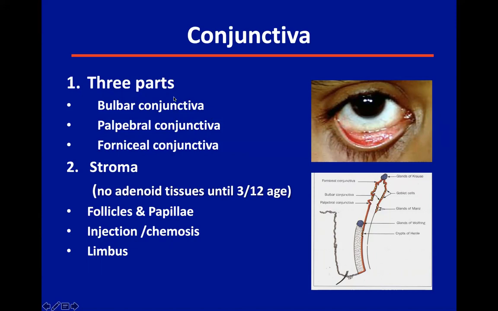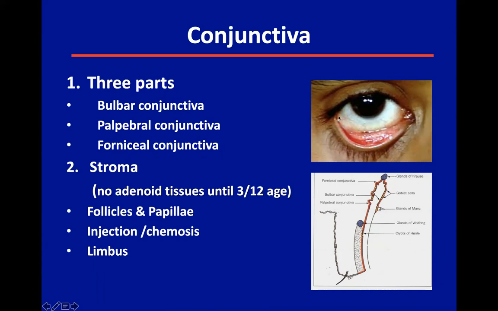So let's talk about it. There are three parts. We call them the bulbar conjunctiva, the palpebral conjunctiva, and the fornical conjunctiva. When we say the bulbar, it's actually this part on the globe of the eye. When we say the palpebral, it's actually the lid part. It's right here. And when we say the fornical conjunctiva, it's from the word fornix.